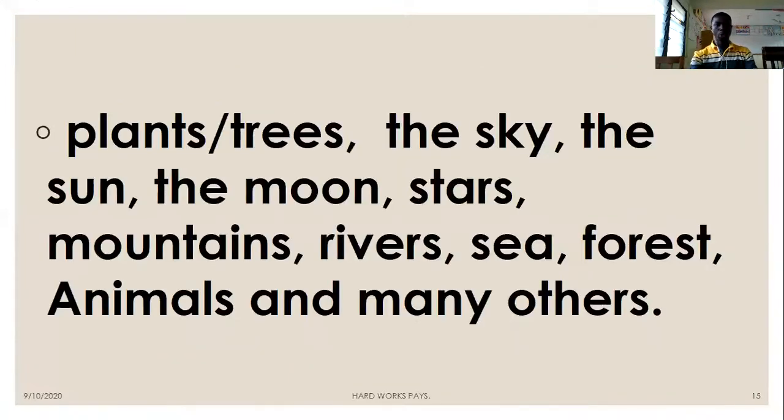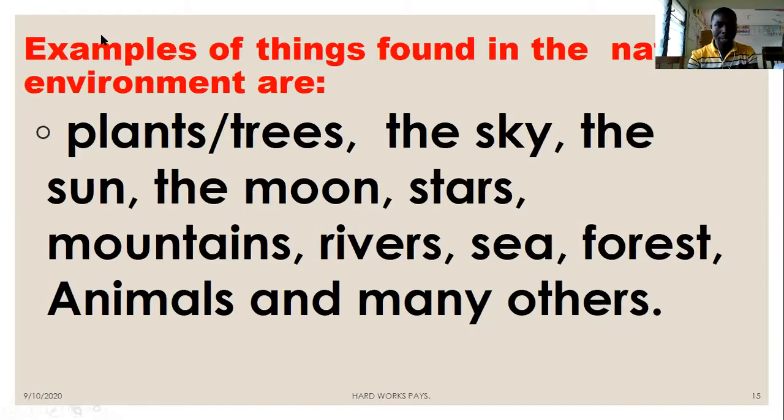Okay, so let's discuss some examples of the natural things, the things God created. Examples of things found in the natural environment are the plants or the trees, the sky, the sun, the moon, stars, mountains, rivers, sea, forests, animals, and many others.